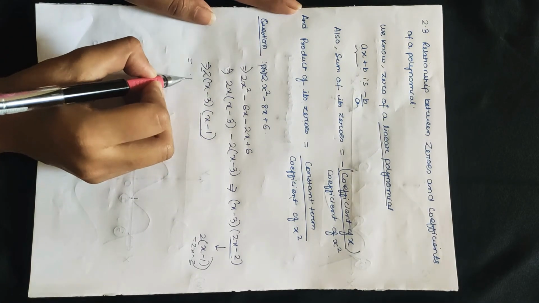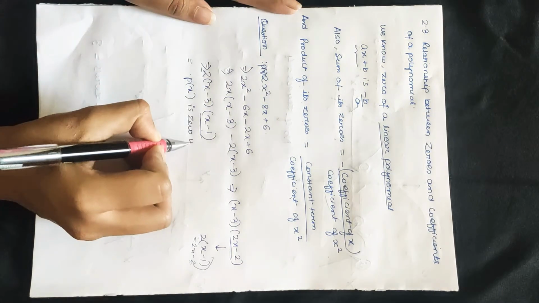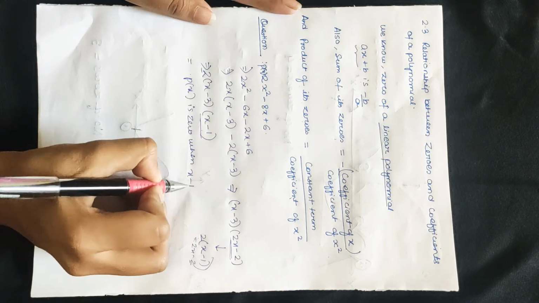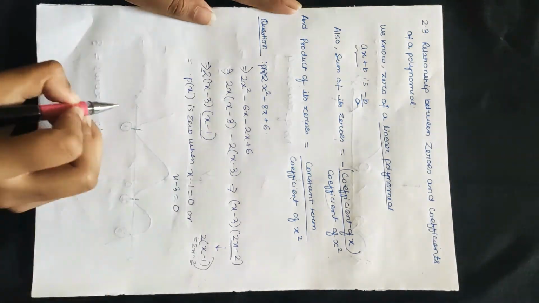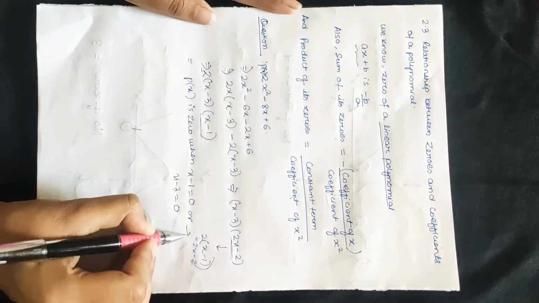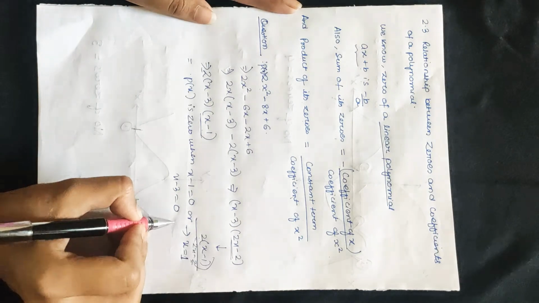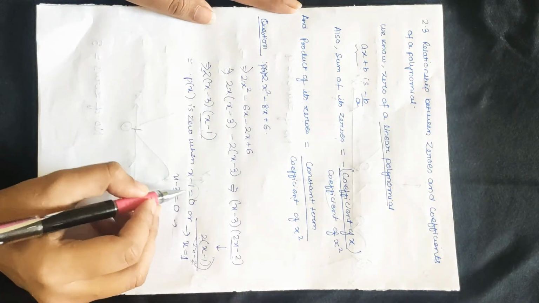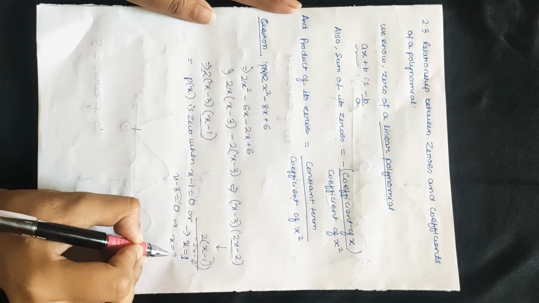Now we can say that the value of p(x) is 0 when x minus 1 is 0 or x minus 3 equals 0. So what does this mean? x minus 1 equals 0 means x is equal to 1, if we bring 1 to the right hand side, and when we bring 3 to the right hand side, the value of x is 3.